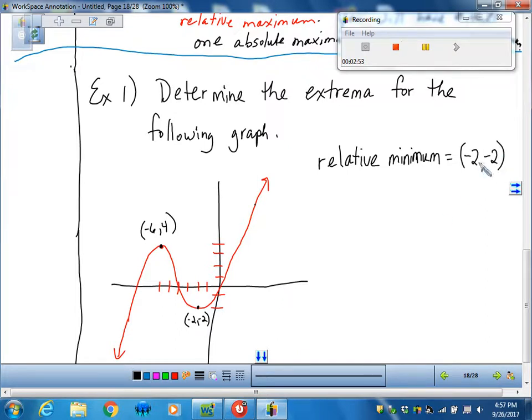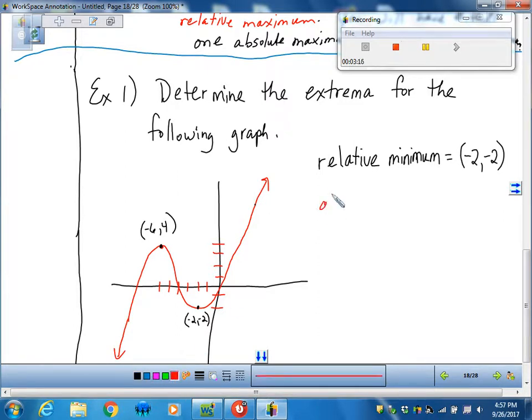Now, is it the lowest point on the entire graph? If it is, it's my absolute minimum. But because of this little arrow that's going down forever, it's not my lowest point. Now, the arrow is also not my lowest point because an arrow is not a point.